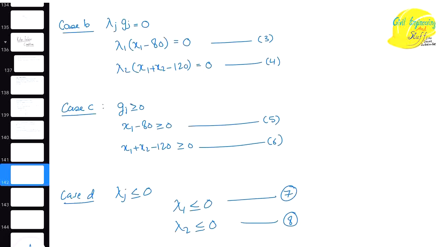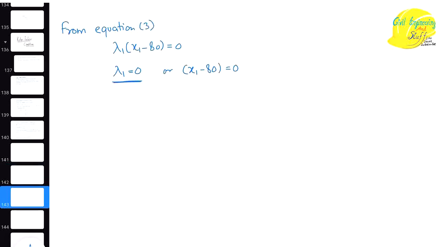We are going to find the values of x1, x2, lambda 1, lambda 2 such that all these relations, from equation 1 to equation 8, are satisfied. If and when these are satisfied, then that point will give us the desired minima. So let's take lambda 1 equal to 0 first and assess.